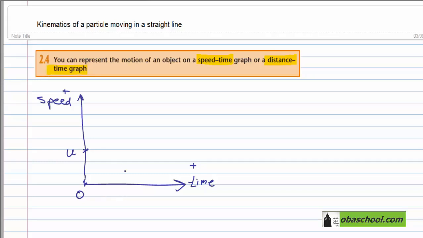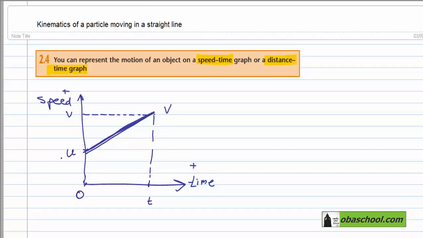Then after time designated as time t, the velocity of a uniformly accelerating object will increase to v. V is the final velocity at time t, which is greater than u if the object is accelerating. Now, to connect the point of velocity u with the point of velocity v, we draw a straight line between the 2 points, since we are studying an object moving with a uniform, constant acceleration.